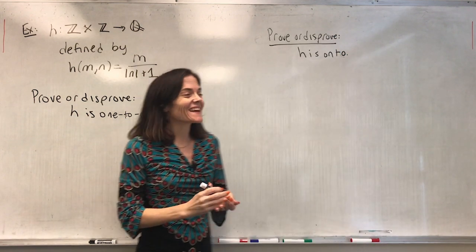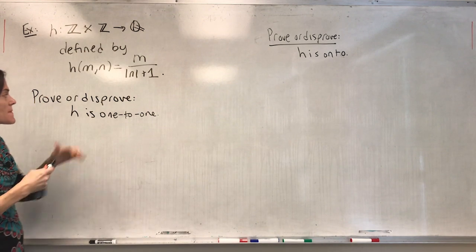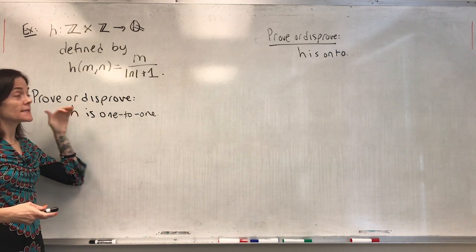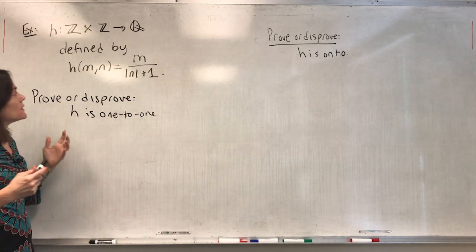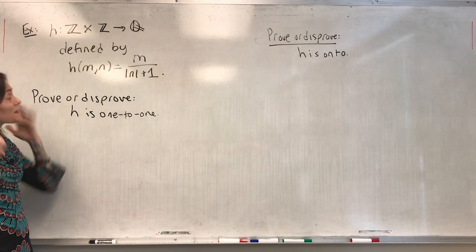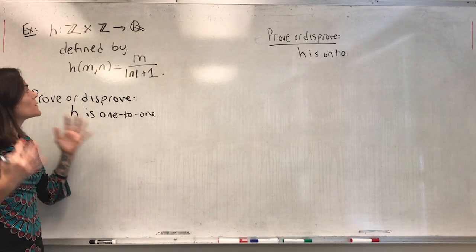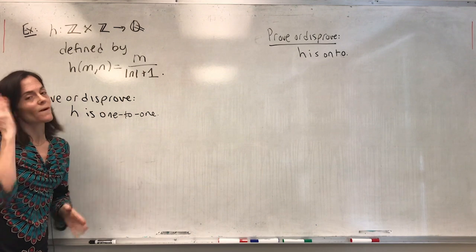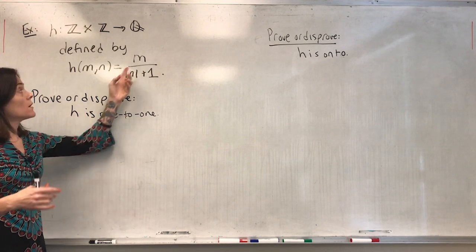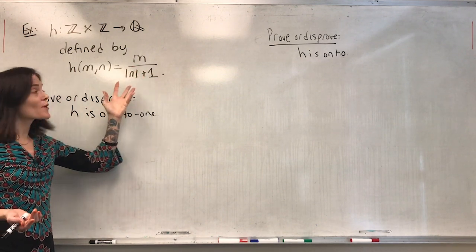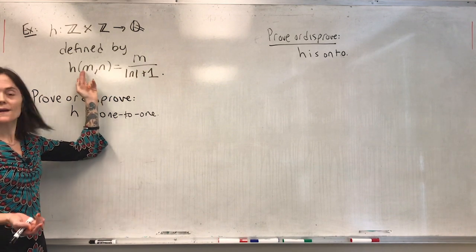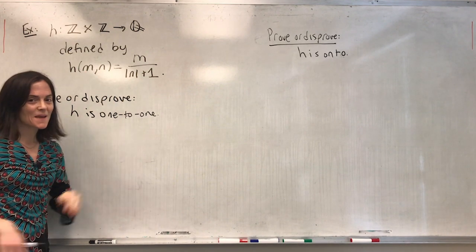Well, what I was saying just a moment ago, you might see the case here immediately. You can think about rational numbers. When do you know a rational number or a fraction is 0? It's 0 only when the numerator is, so (0, 4) and (0, 7) go to the same thing.